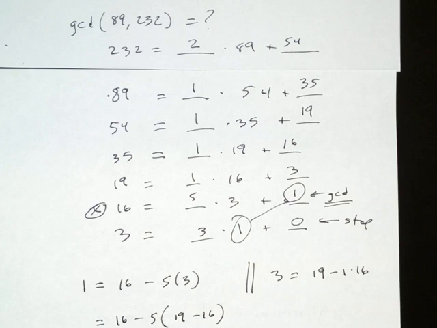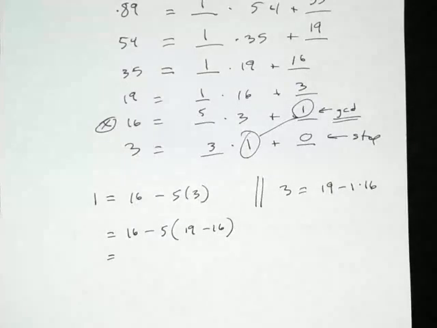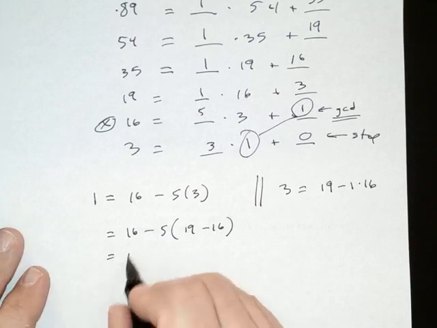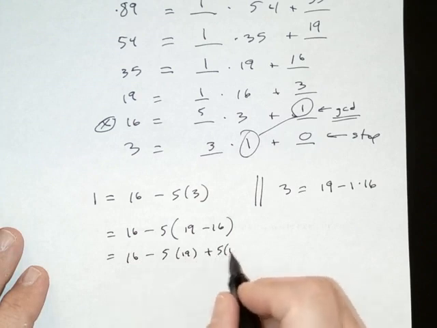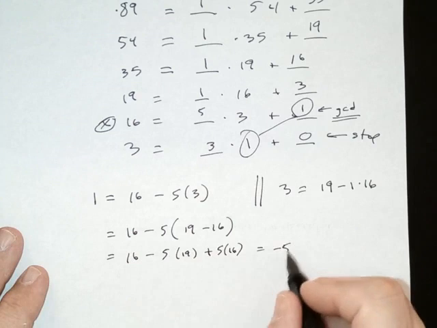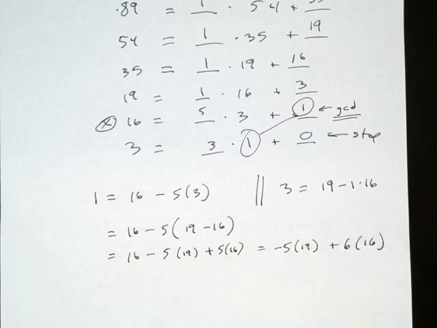And regroup. How many 16s? How many 19s? I have 6 16s and minus 5 19s. Doesn't matter which order you put them.